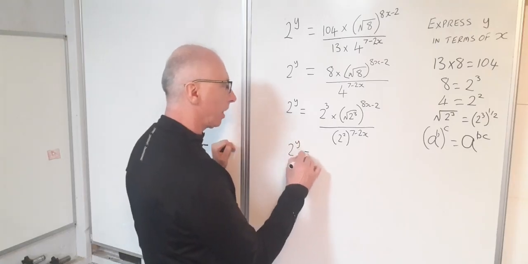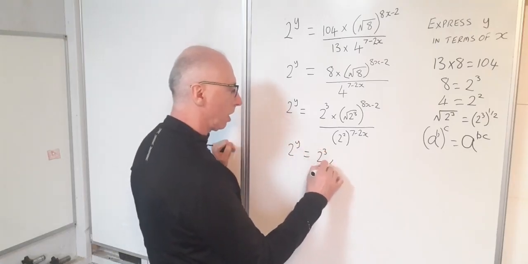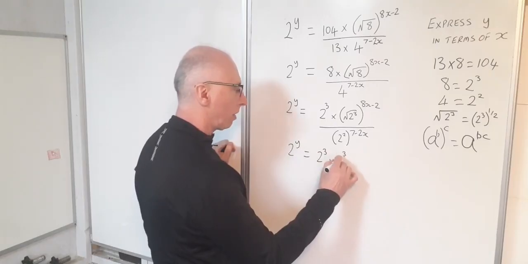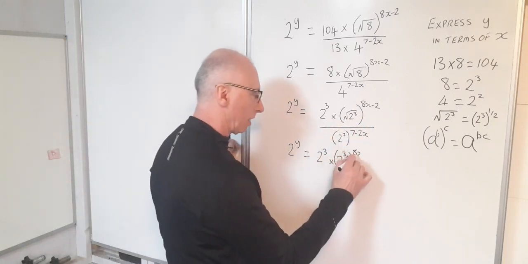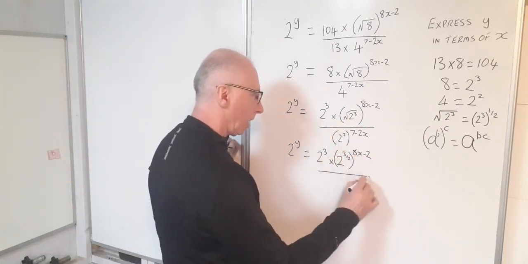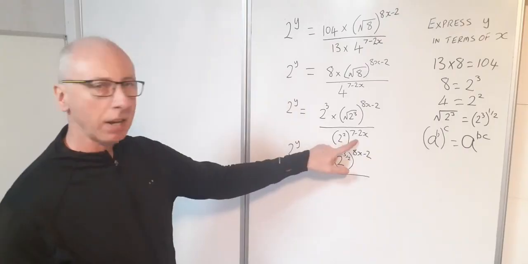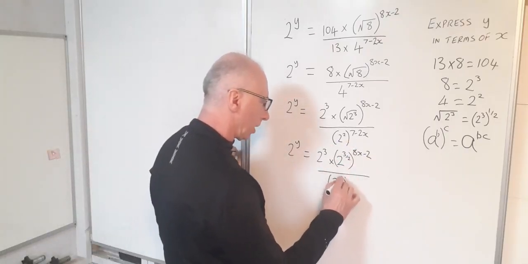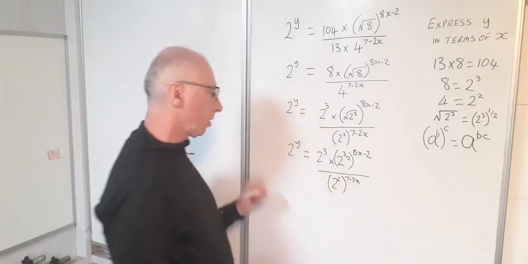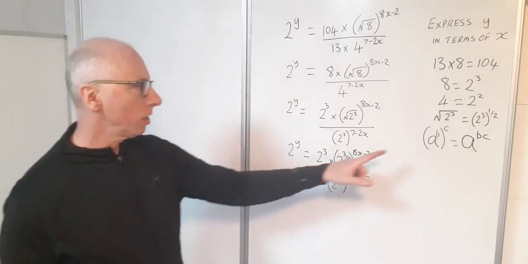So 2 to the y equals 2 cubed times 2 to the power of 3 over 2, all to the power of 8x minus 2. So that takes care of that. And then in the bottom here, I've got 2 squared to the power of 7 minus 2x. And now we can do some good things here. So I can rewrite this using this property.